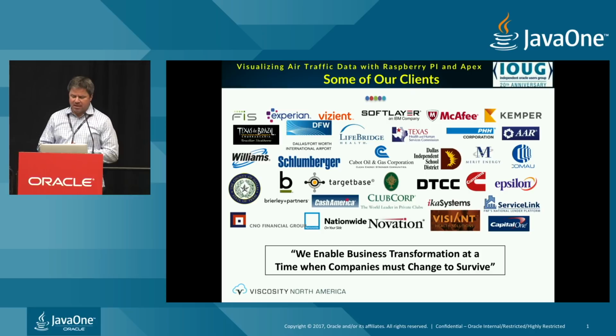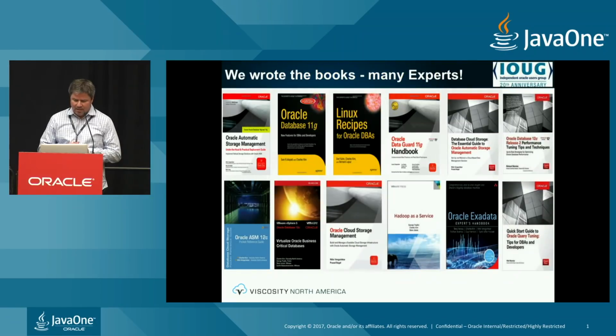Just a sampling of some of our clients. We believe in innovation, and innovation we think is necessary for businesses to survive, especially now. And we've also written over a dozen books on data, the cloud, and Oracle, including Rich's book, Oracle 12c Performance Tuning. It's the best-selling book in Oracle Press.